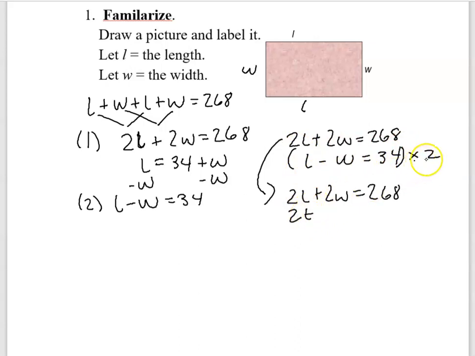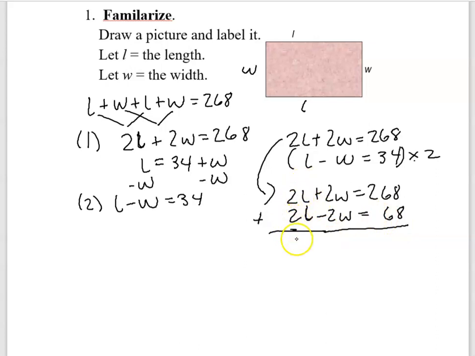So 2L, 2 times -W would be a -2W. 2 times 34 is going to end up being 68. You know how I had that L looking like a T, so I had to fix that. So now I want to add those together because when I add them, that W should end up canceling out.